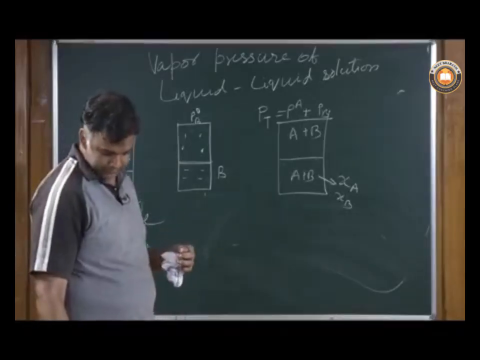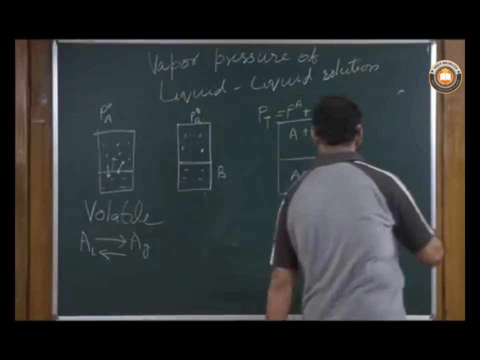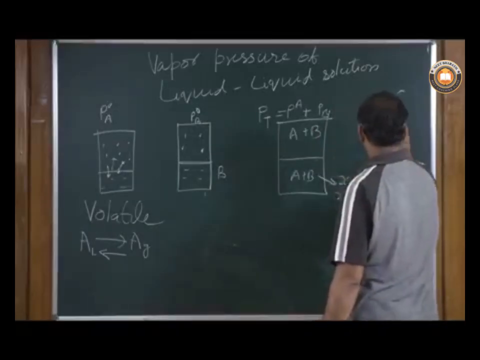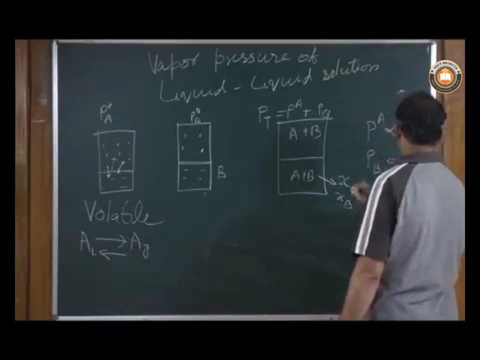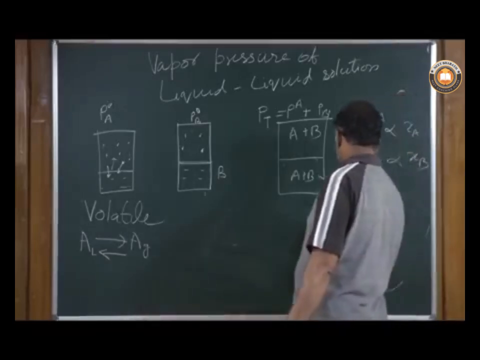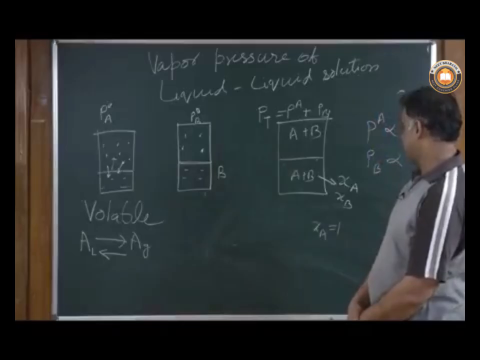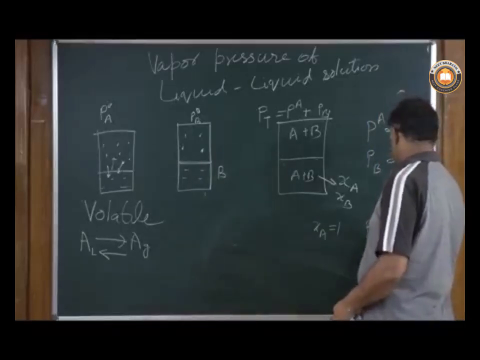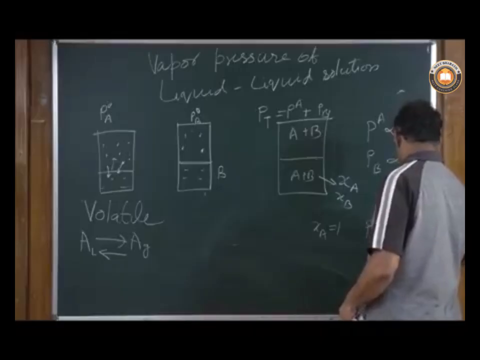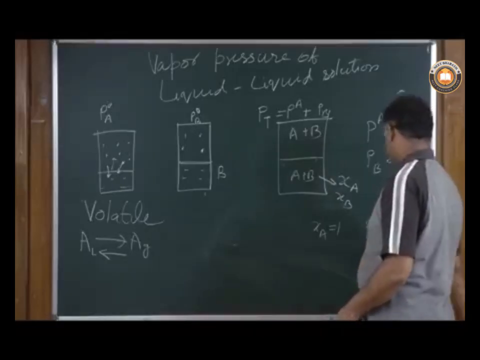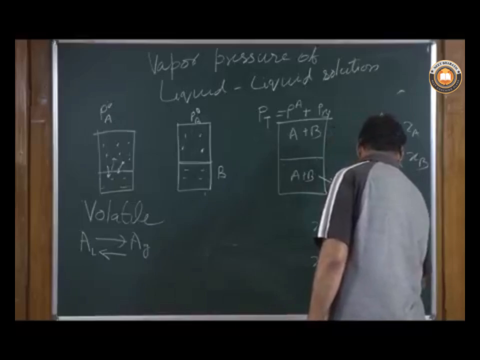This is given by Raoult's law, which says that P A is proportional to X A, P B is proportional to X B. We also know when X A is equal to 1, that is when we have a pure liquid A, then P A is equal to P A 0, and when X B is equal to 1, then we have P B is equal to P B 0.